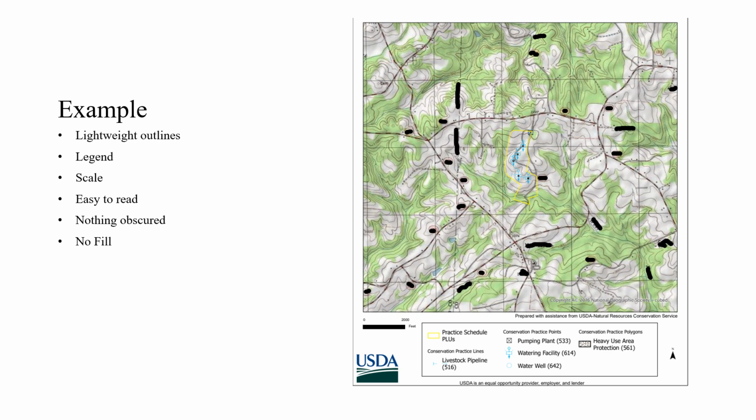You have a north arrow. Nothing's obscured. I can look at it. I can see what's going on. I can see the contour lines. I can see that there's nothing hiding underneath how you've represented your practices. So this is what I would consider a clean map that's easy to use.